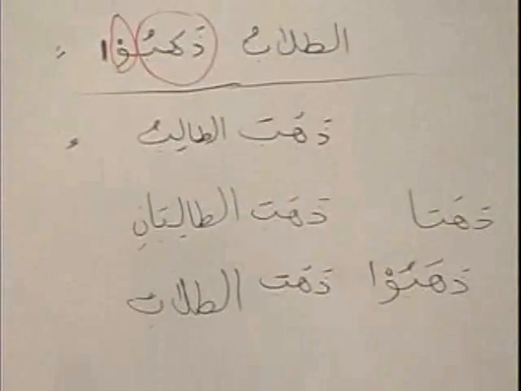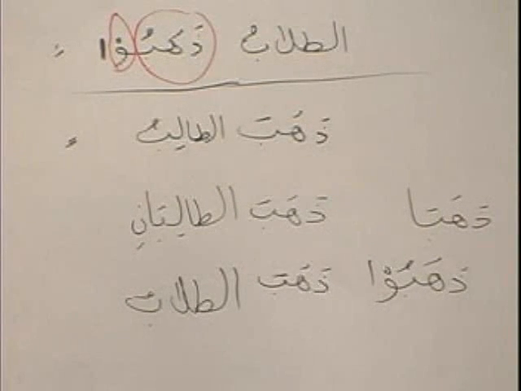Did you get it? See here: ذهب الطالب, ذهب طالبان, ذهب طلاب. The verb is singular, only at the beginning of a new sentence.